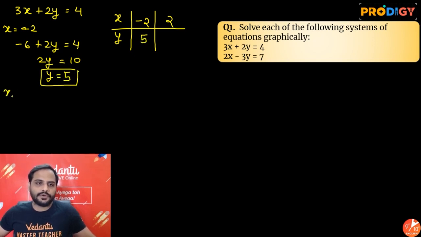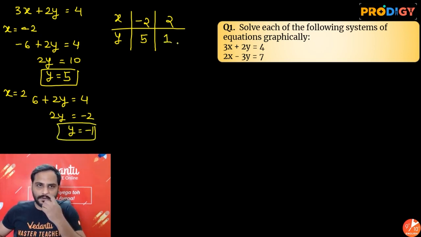If I put x equal to 2, 3 twos are 6, plus 2y is equal to 4, so 2y is equal to 4 minus 6, which is minus 2, so y is equal to minus 1. So these are the two solutions I have got.